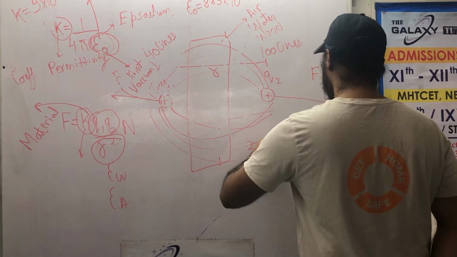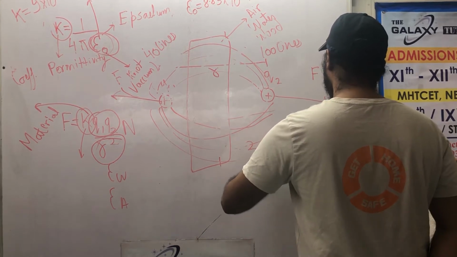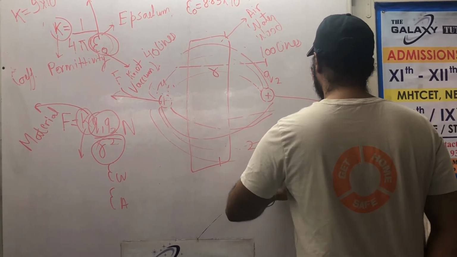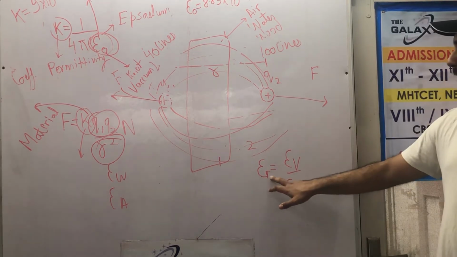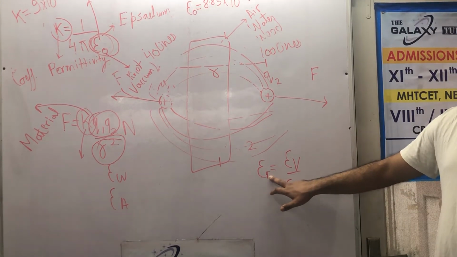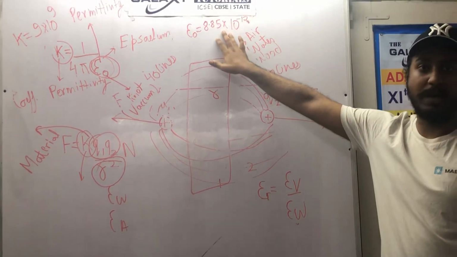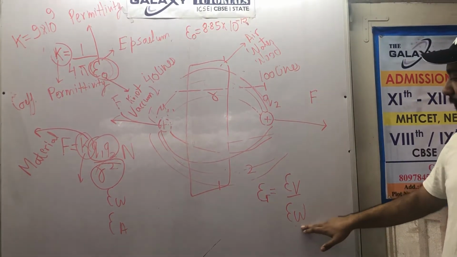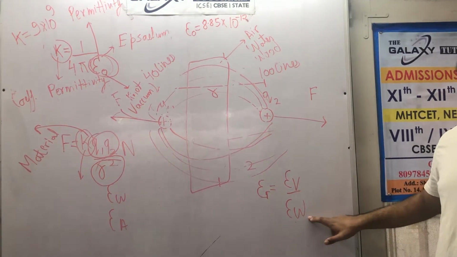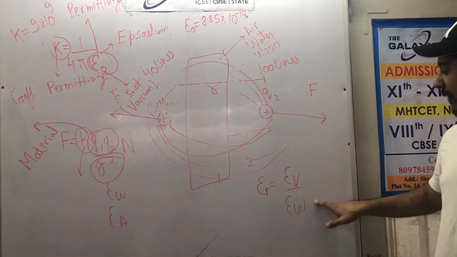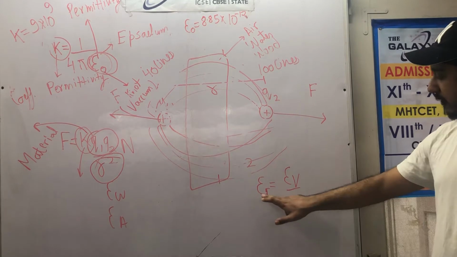If they give you the relative value and you know the value for vacuum, 8.85, which you have to remember, then you can find the value of epsilon for water.